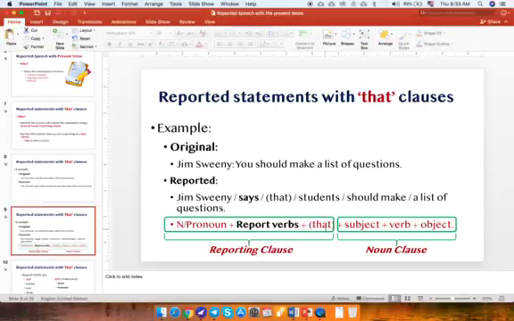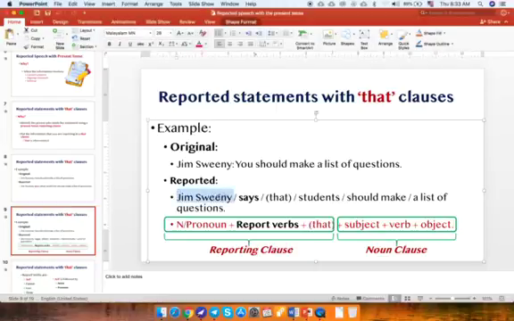The "that" I put in parentheses because we have the option to put or omit it in the reporting statement. Then plus the subject, the person or group of people this person is talking to, then plus verb and object. This whole thing we consider the noun clause, and the first part we consider the reporting clause.